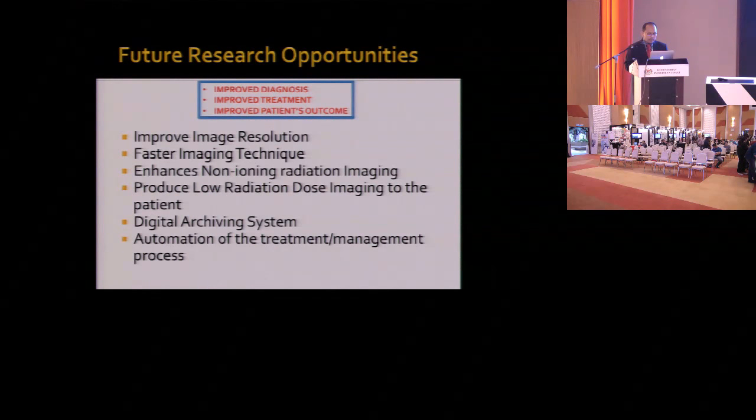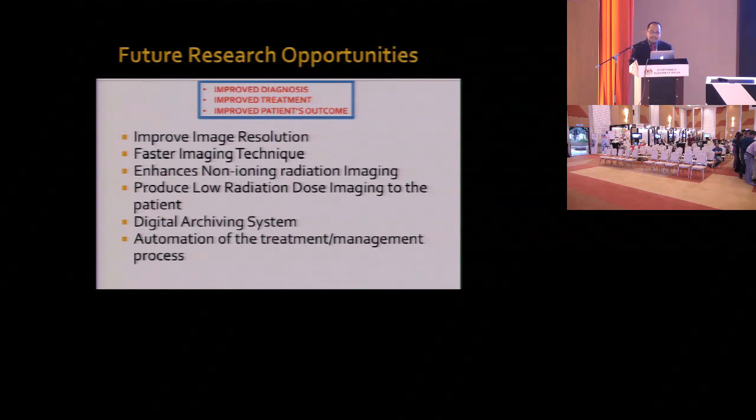The other thing we can do is to enhance more non-ionizing radiation research or imaging. So basically try to improve ultrasound and MRI, so that we are less dependent on the CT scan, which gives a lot of radiation to the patient, and produce low radiation.